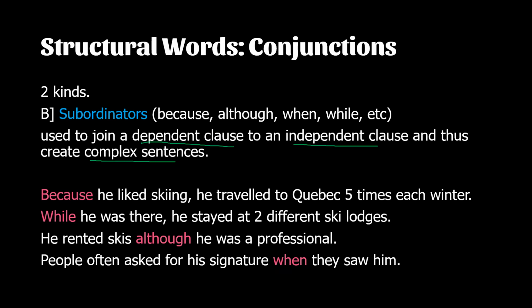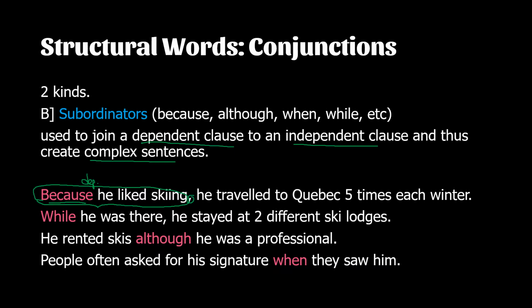Because he liked skiing, he traveled to Quebec 5 times each winter. So here is our dependent clause, and it begins with the subordinating conjunction because. This clause is starting the sentence off, which means that I need to put a comma.